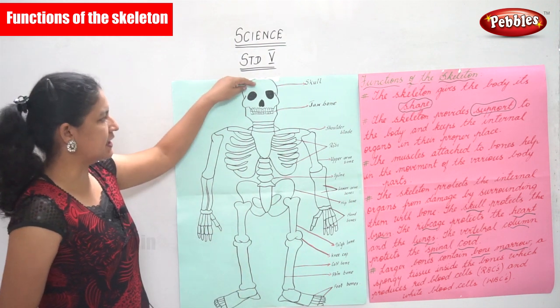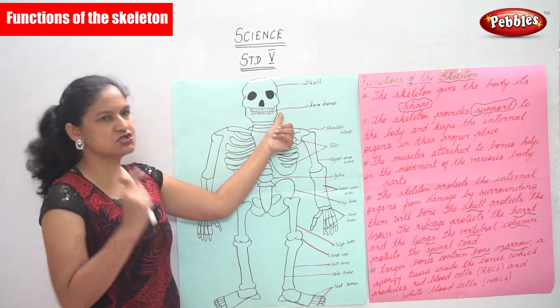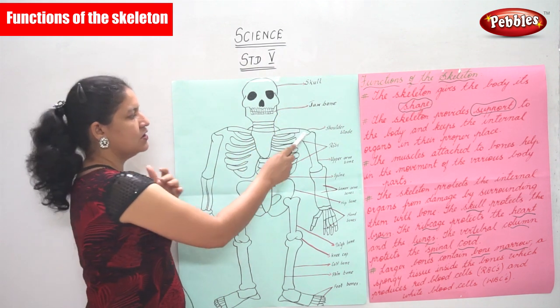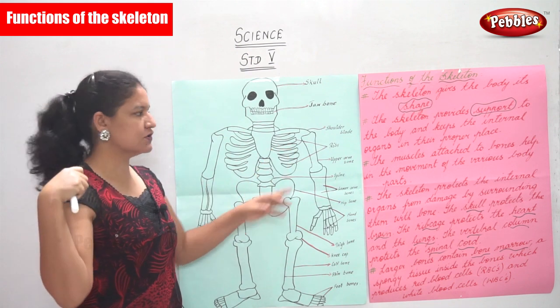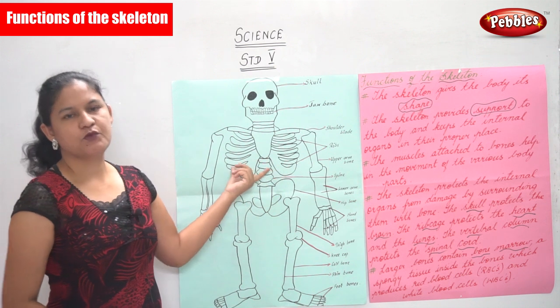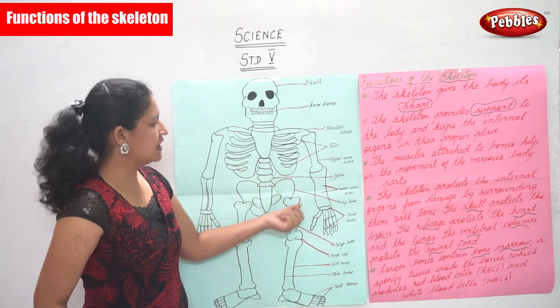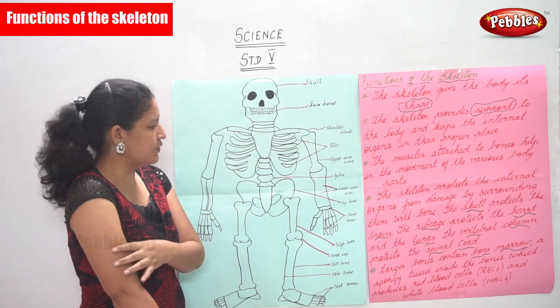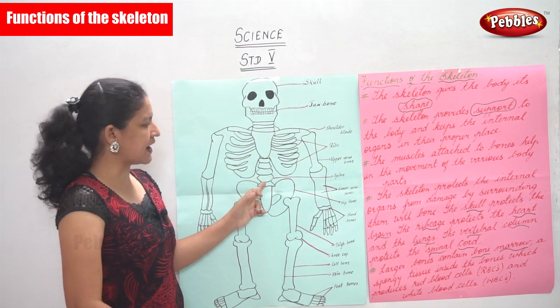We see the skull, then we move on to the jawbone. Next is your shoulder blade. Then we have the ribs. We have 10 pairs of ribs. Then we have the upper arm bone. Then comes the spine.